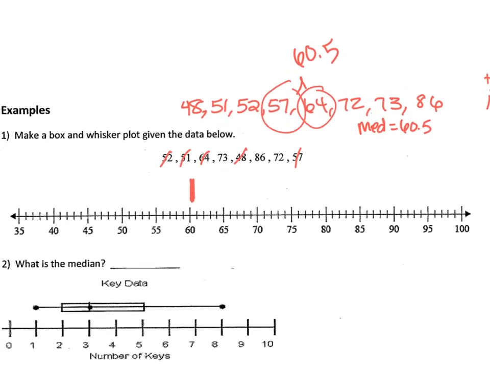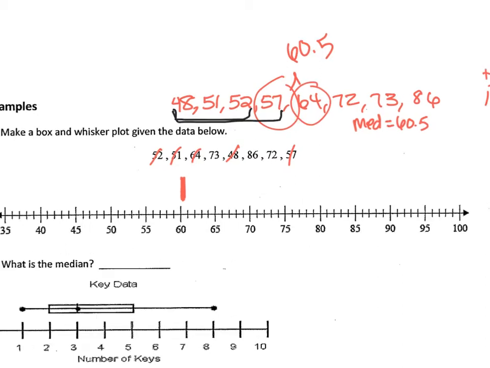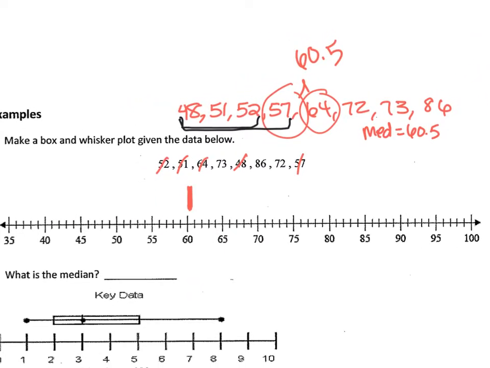Okay, so then we've got to find our lower quartile and our upper quartile. Since our middle is between 57 and 64, our numbers are actually going to go from the very smallest number up into that first number that was our middle. So 51 and a half.